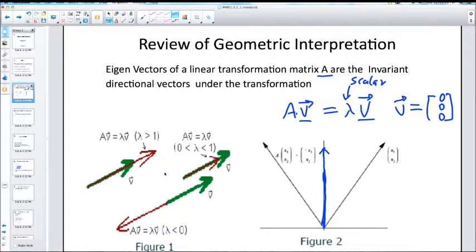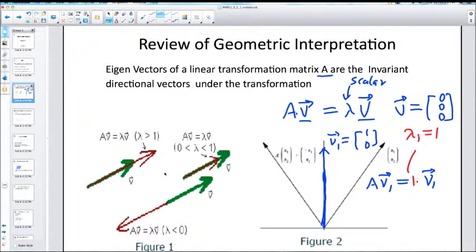That means if this vector V, let me call it V1, equal 1, 0, or it could be 2, 0, if you make it a little longer. And after the transformation is the same, V. See, there's no reflection because it stays right on the mirror. If you feel this position, 1 times V, you realize this lambda equal 1 is the eigenvalue associated with this eigenvector V1.